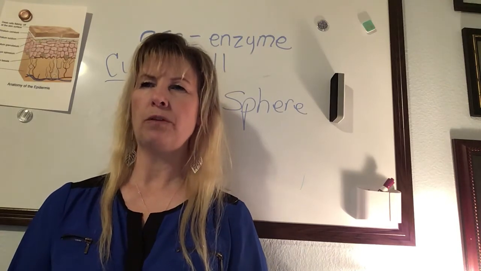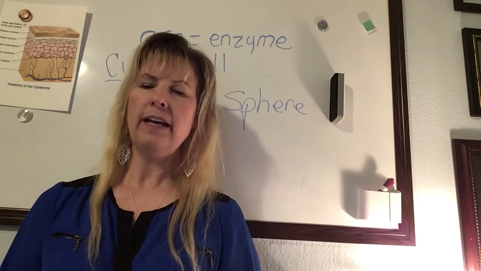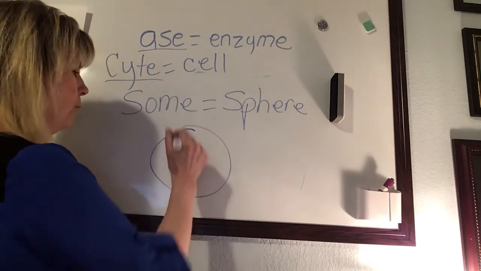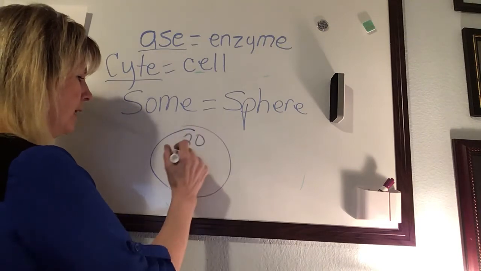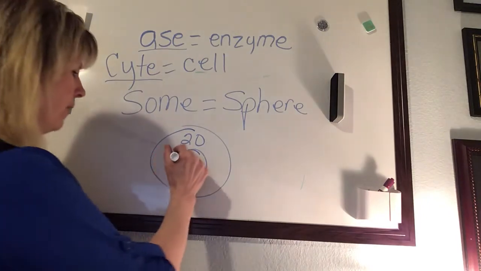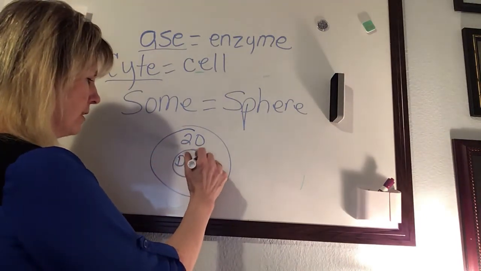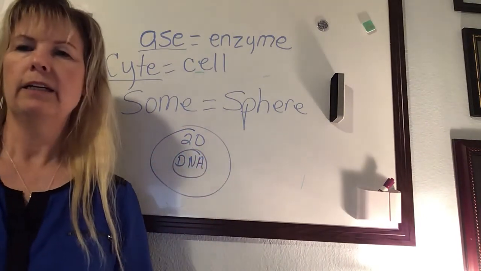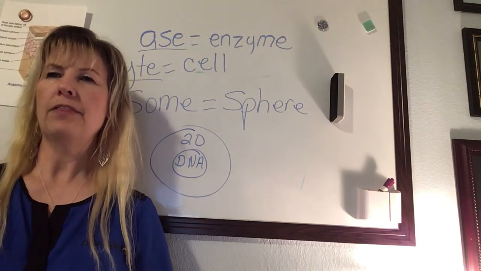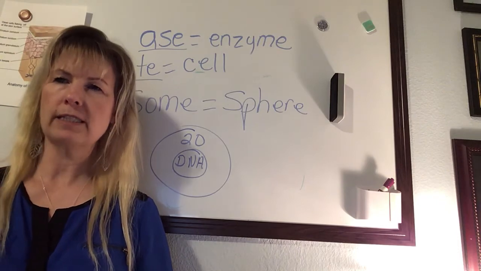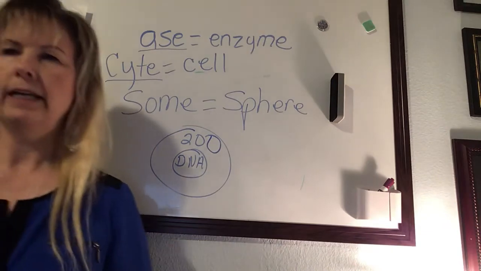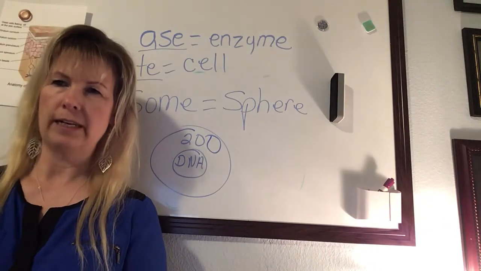Individuals with really fair skin, as I was telling you earlier, have about 20 melanosomes per keratinocyte right above the nucleus that houses the DNA, and that's what protects the DNA from mutation. People with really dark skin have about 200 melanosomes per keratinocyte.